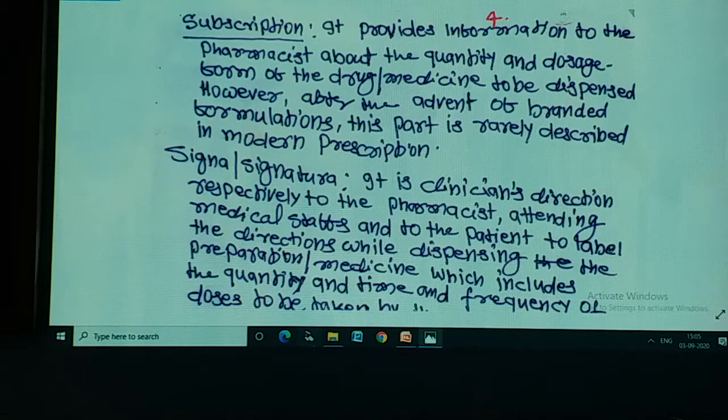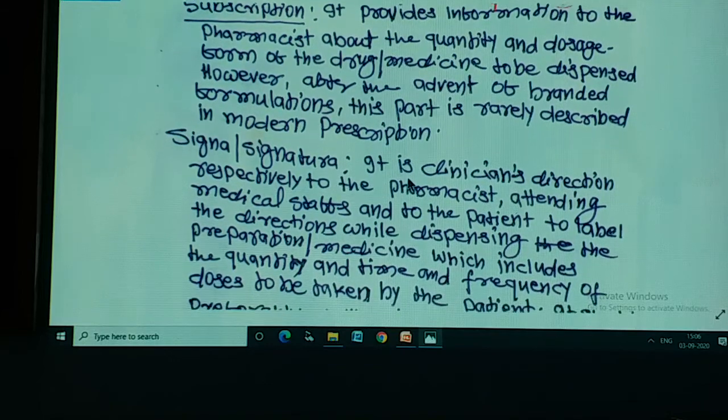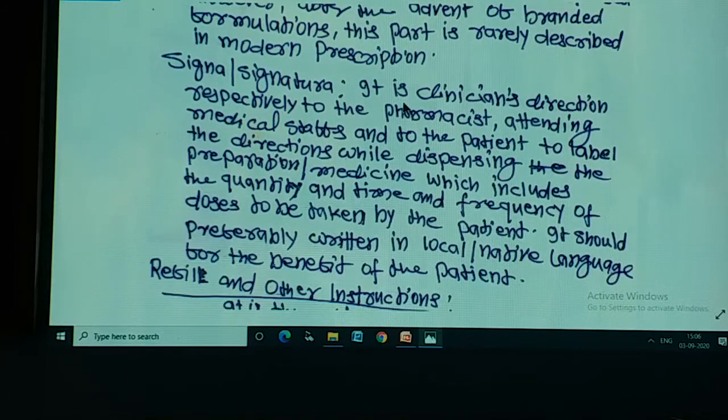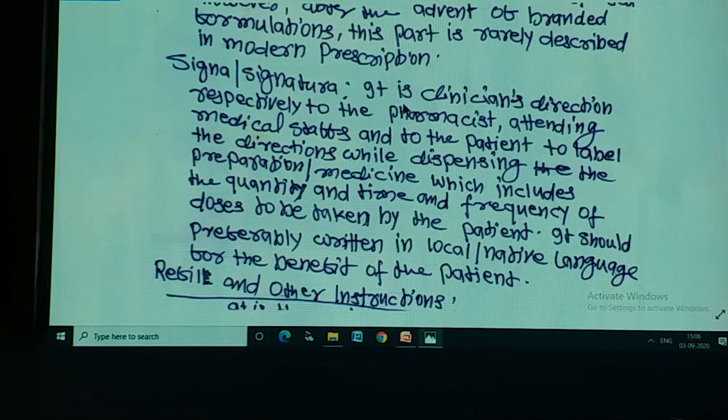Next part of the prescription is signa or signatura, also known as signature. It is the clinician's direction respectively to the pharmacist, attending medical staff and to the patient to label the directions while dispensing the preparation or medicine, which includes the quantity and time and frequency of dosage to be taken by the patient.